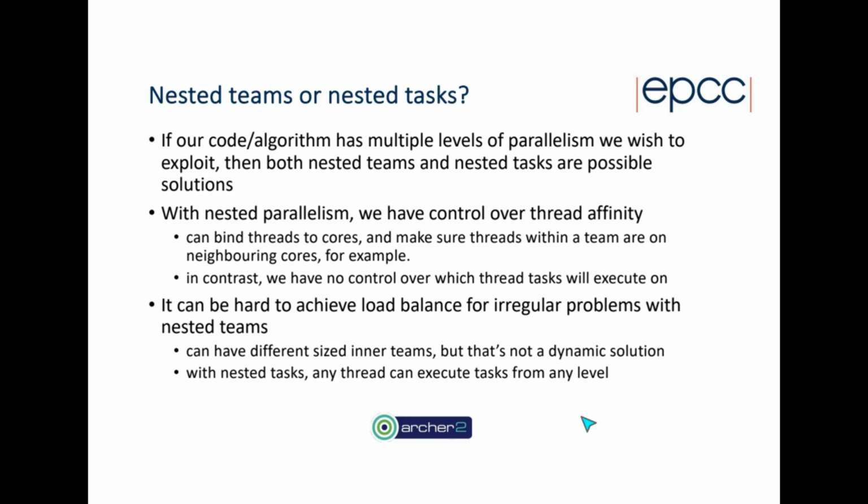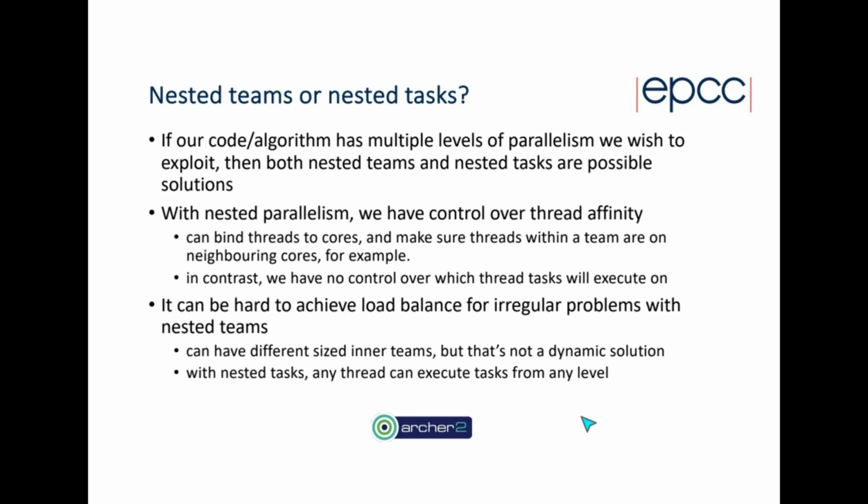With nested parallelism, we can bind threads to cores. For example, we can make sure, if we want to, that threads within a team are on neighboring cores so that they share some last level cache.